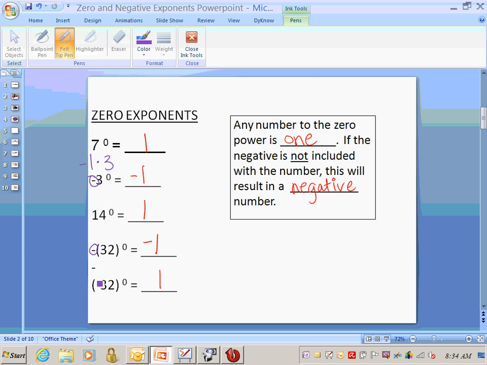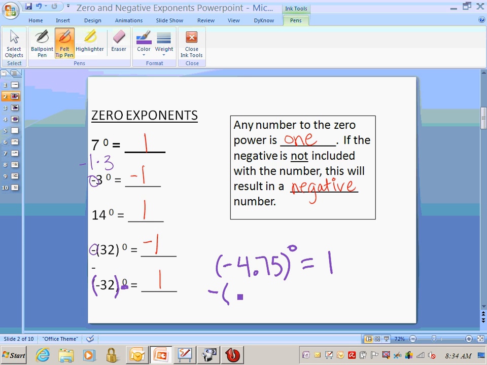That means everything that's inside these parentheses is going to the 0 power. So it doesn't matter what's in here. It could be negative 4.75 to the 0 power. It's going to be 1.